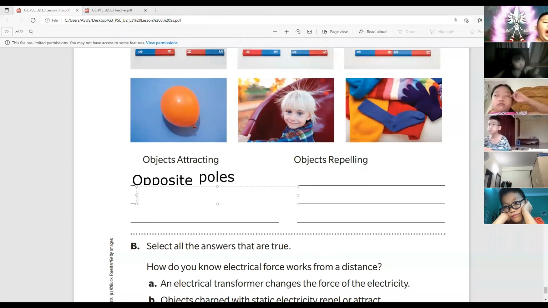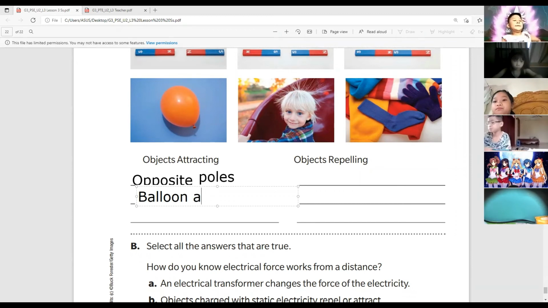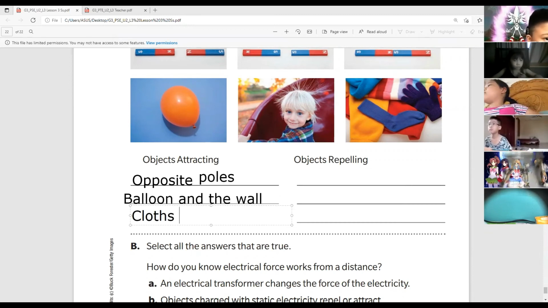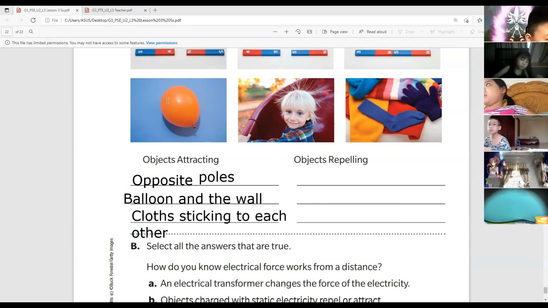You guys wrote the balloon and the wall. I think this is the balloon and wall. And then the laundry, the clothes sticking to each other. So these are the three you guys chose. The balloon sticking to the wall, the clothes sticking to each other, and the opposite poles.